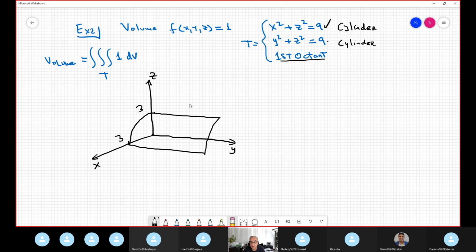Well, the second one is similar. The radius is 3 again, however it is along the x-axis. In my opinion it is something like that. Well, my solid is this guy, look.